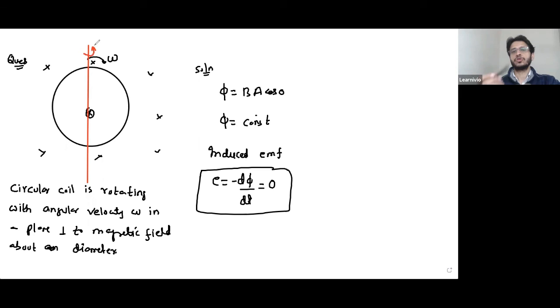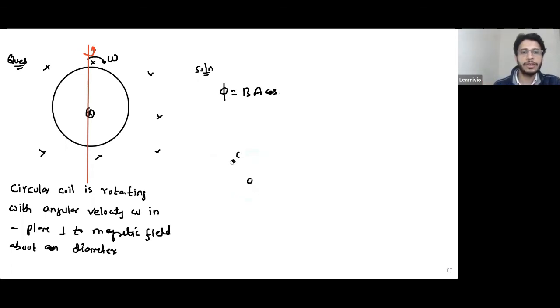I place this diameter along the y-axis, okay? This is the area vector. The coil is rotating in this way. Now, can you tell me whether the angle between the magnetic field and area vector is changing or not? Magnetic field is inwards. Initially, the area vector is this, then the coil is rotating in this way. So the angle will keep on changing.